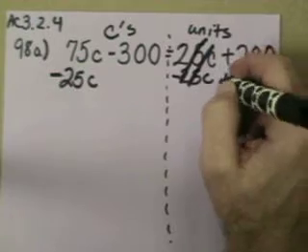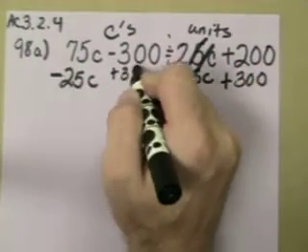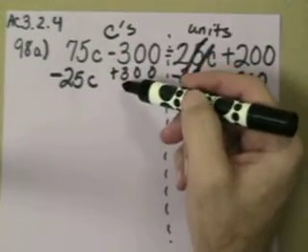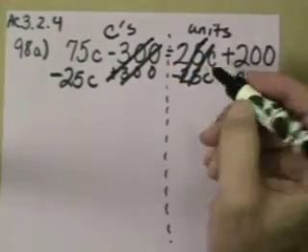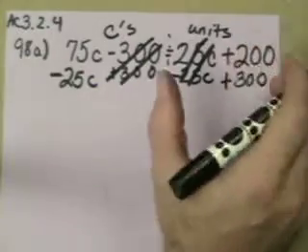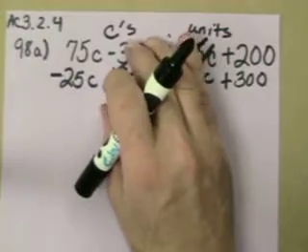Change them to a plus 300. I'm going to put plus 300 under that original just so you can see what happens. A negative 300 and a plus 300 are opposites, so they become 0. That's why when you flip it, it changes. It allows you to change sides because it basically takes it off by doing the opposite.